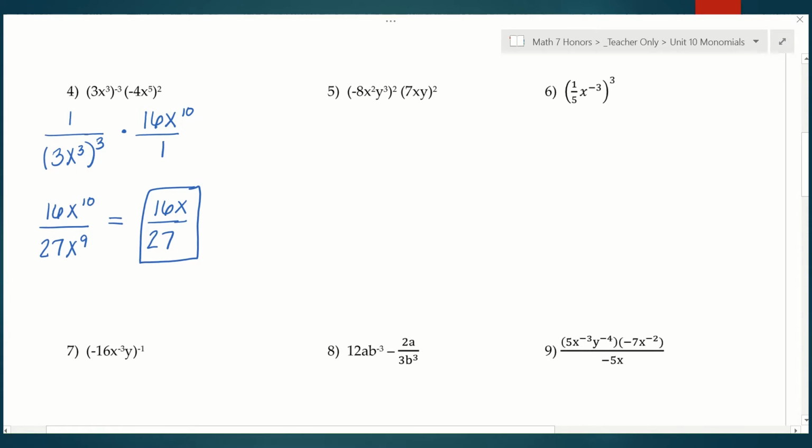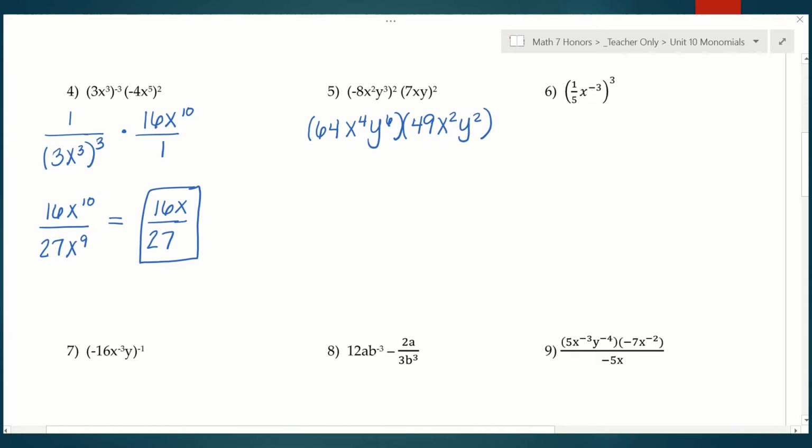Number 5, looks like we need to take care of some powers first. So let's go ahead and square that first monomial. That's going to give us 64, x to the 4th, y to the 6th. And I can go ahead and square the second monomial to get 49, x squared, y squared.